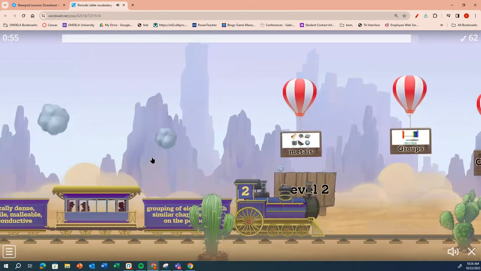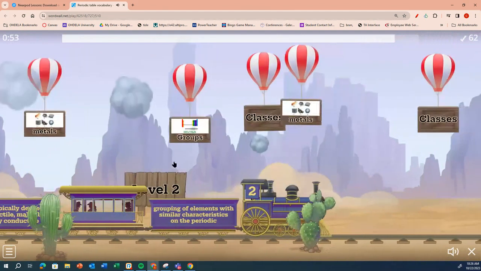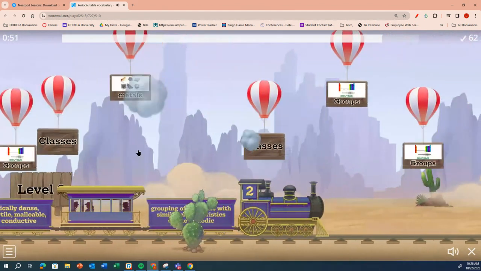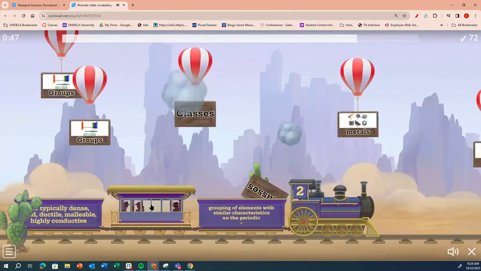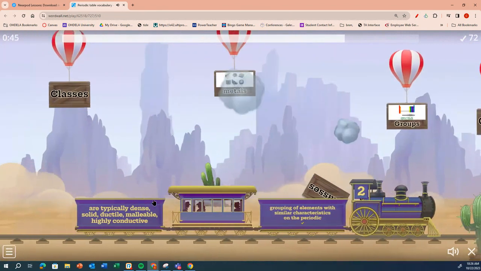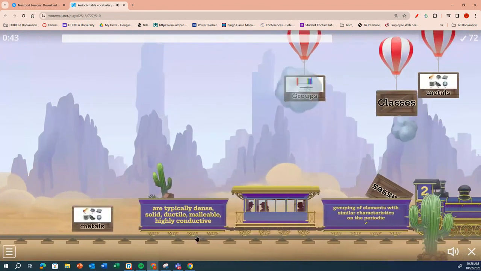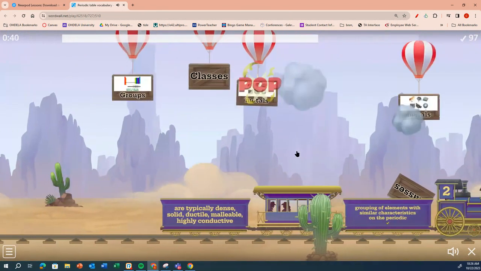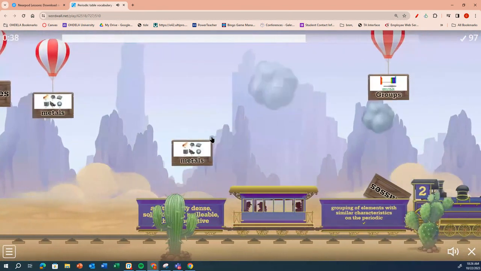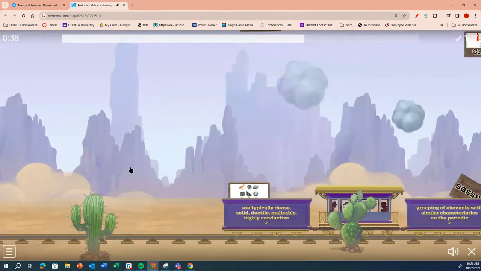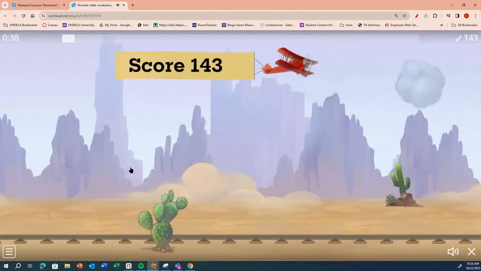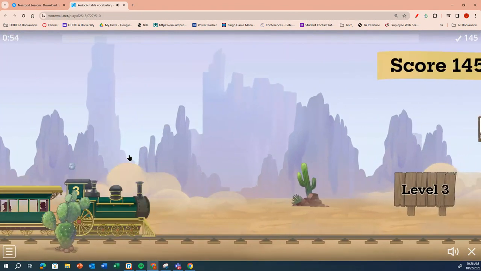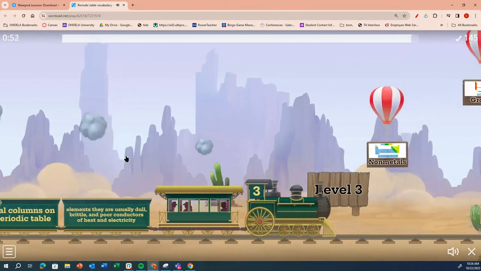Grouping of elements with similar characteristics, classes. Typically dense, those are metals.